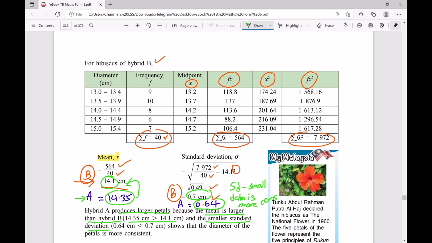The smaller standard deviation shows that, in this case, the diameters of the petals are more consistent. That's what you can say. This is how you compare and interpret your mean and your standard deviation.